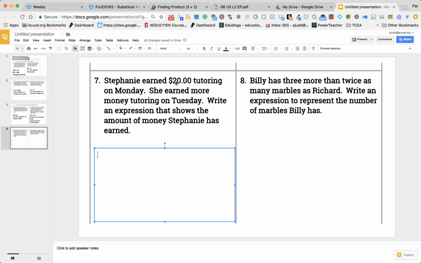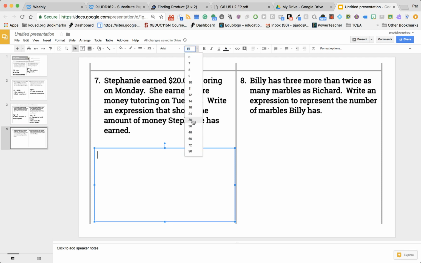So your important information should be $20 earned, and then earned more money tutoring on Tuesday. And you don't need to put the rest of it. Your important information is earned $20 and then earned more money. So that's what you should have written down.